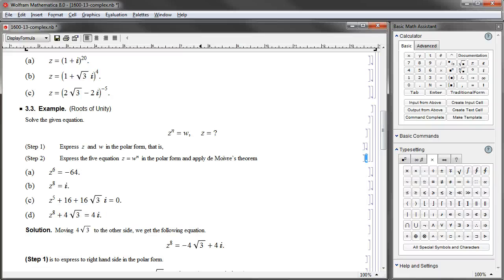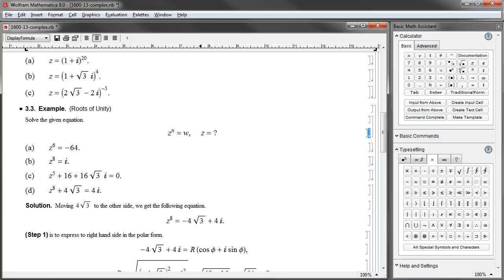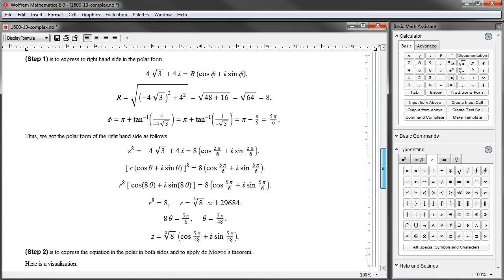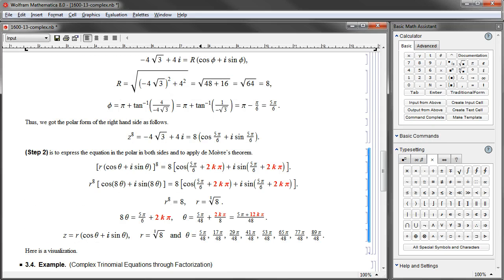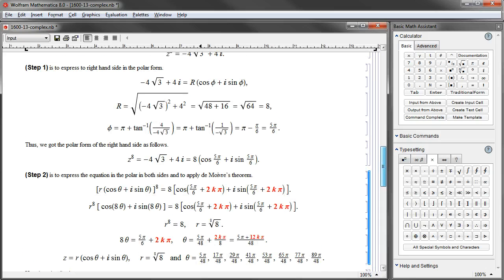Let's go back to the original problem we had been working on. So these are not the complete solution. No. And let's move on to step 2. Here we go.